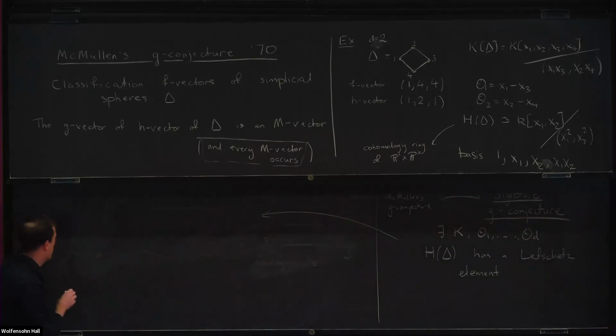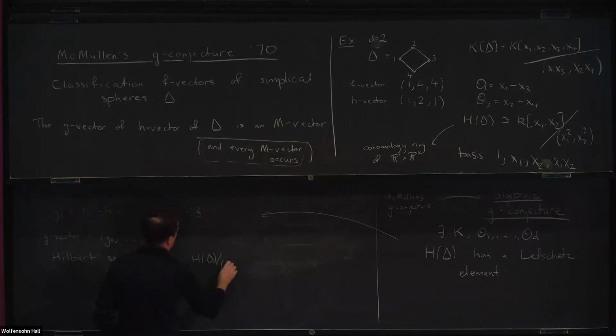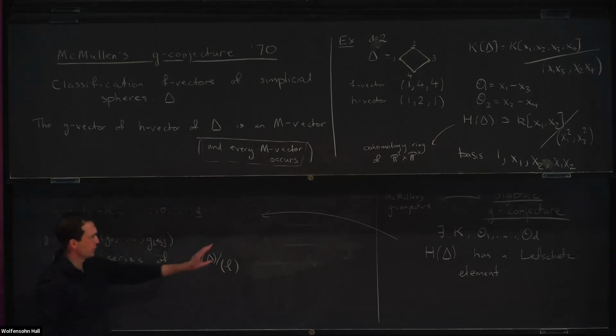It would mean that if I define g_i to be h_i minus h_{i-1} for i equals 0 up to halfway, the g vector, that's the second thing I mentioned, g_0 up to g_{d/2}, would be the Hilbert series of this ring modulo the ideal generated by L. Well, I didn't quite prove it, but you can convince yourself that if you knew that was true, then that Hilbert series exactly records these differences.